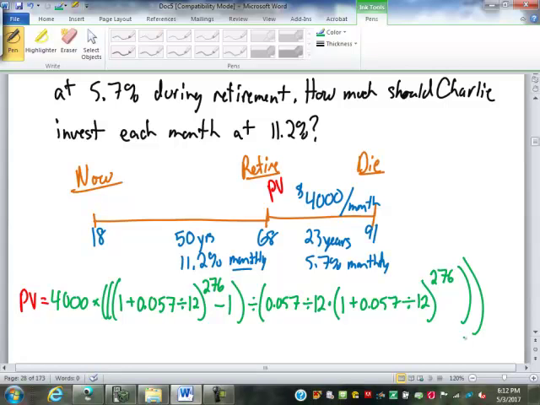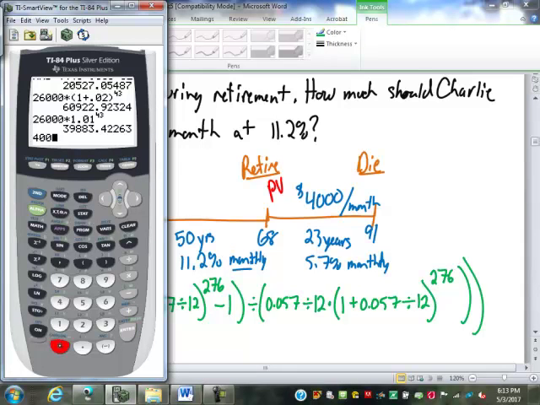Cool. This is the liquidation we're drawing out, so we have that extra term in there. 4,000 times 1, 2, 3.